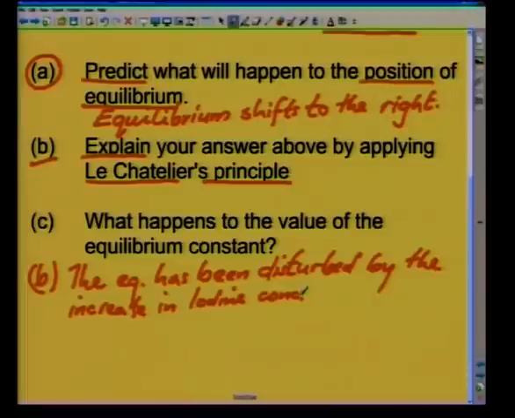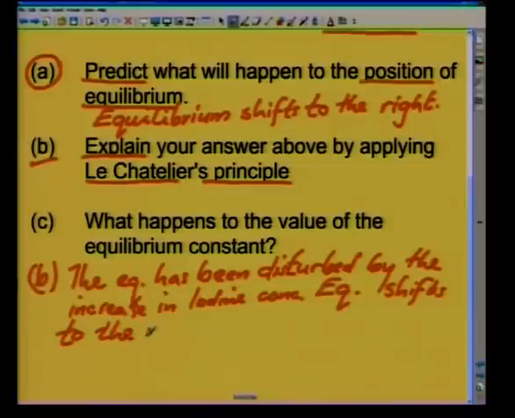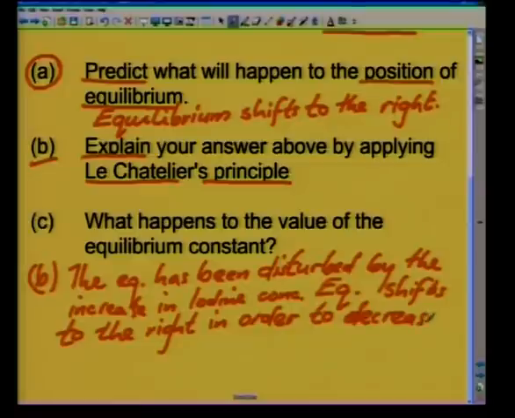Okay? And because that has been disturbed, now we're using Le Chatelier's principle, then equilibrium shifts to the right in order to decrease the iodine concentration.